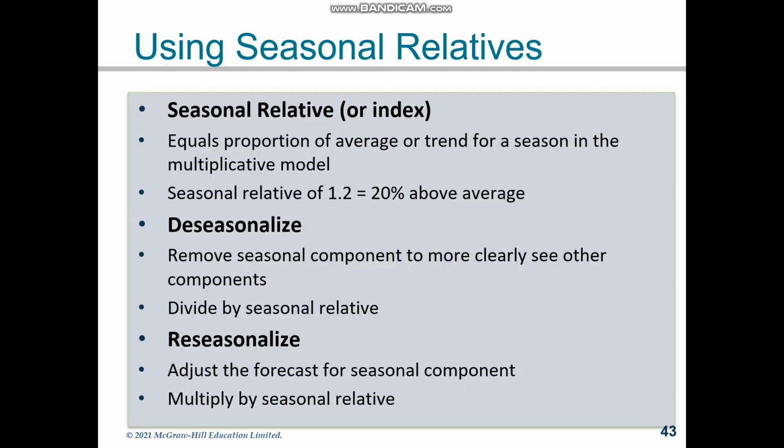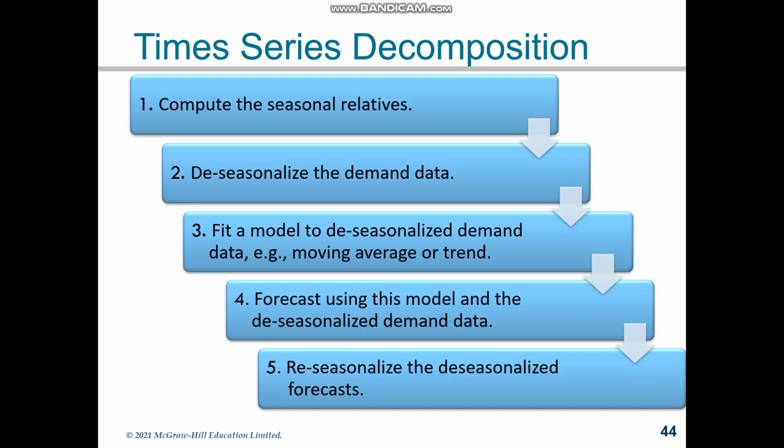The general process is to first find the seasonal relative, then to deseasonalize the input data, and after doing the forecast using the deseasonalized data, we need to reseasonalize the forecast. Here in this slide, you can see the process that we should follow to make a forecast when there is a seasonal pattern in the data. First, we compute the seasonal relatives, and then we deseasonalize the demand data.